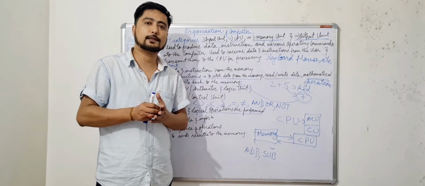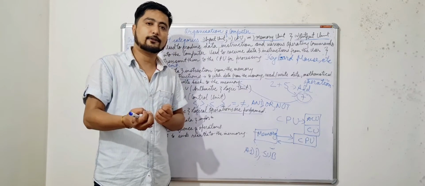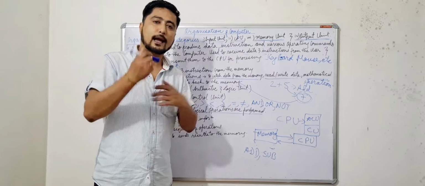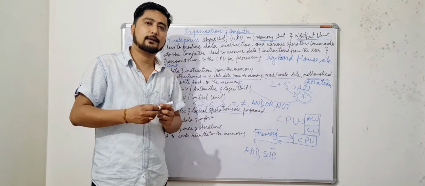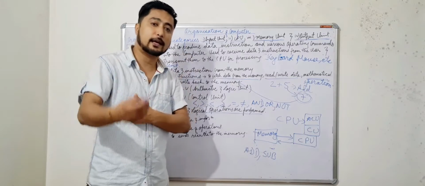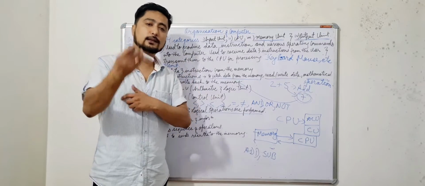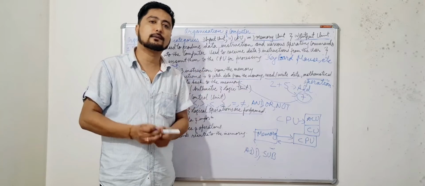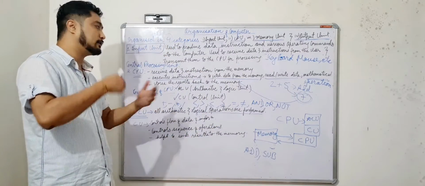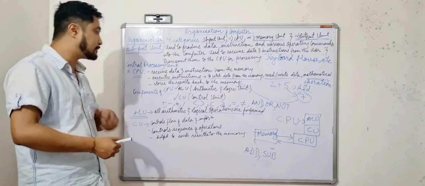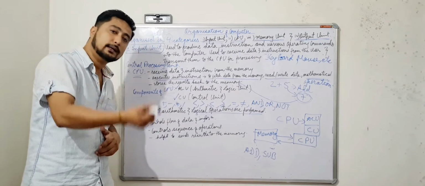First, with the help of the input units, data and information will be stored in the memory, and from the memory the CPU will retrieve the data and information for further execution. After the instruction is executed, the result will be stored back to the memory.